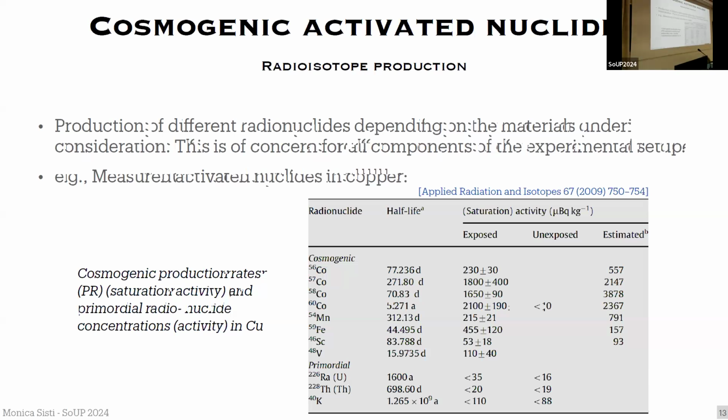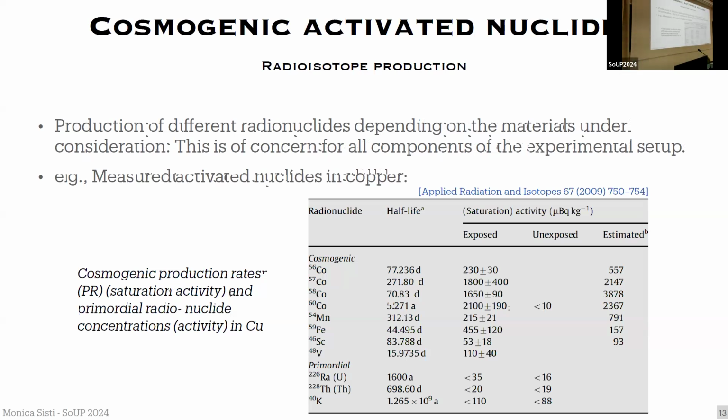Then we said the cosmogenic activated nuclides. We have the natural ones, carbon-14 and tritium, but then all the materials also get activated by cosmic rays. So every material has its own activation products, and this has to be studied for each experiment individually.